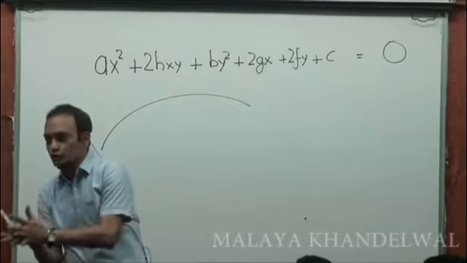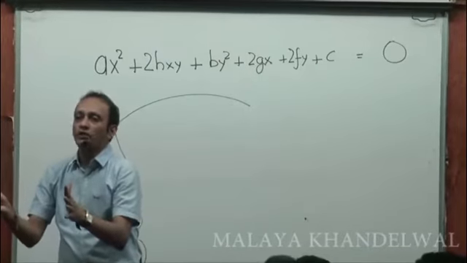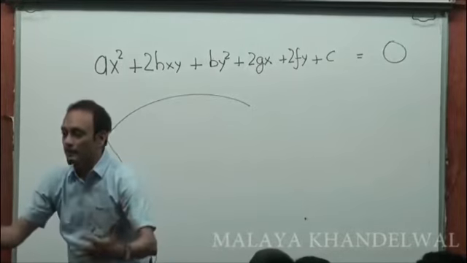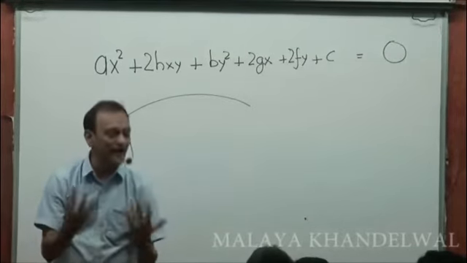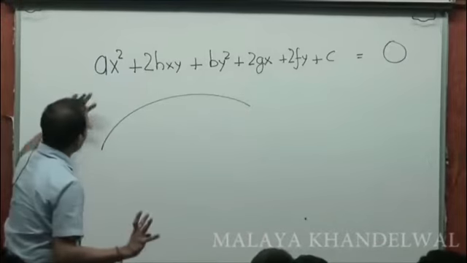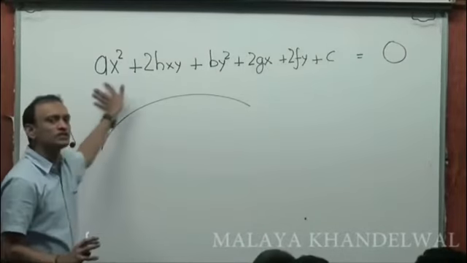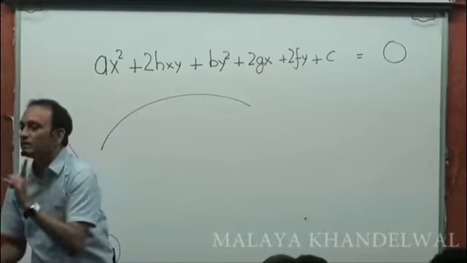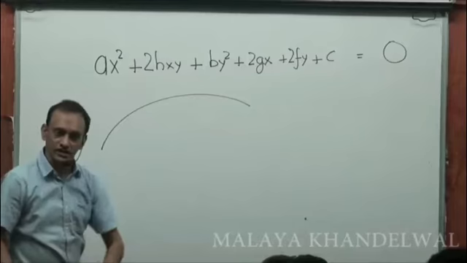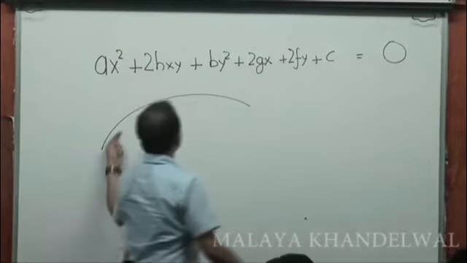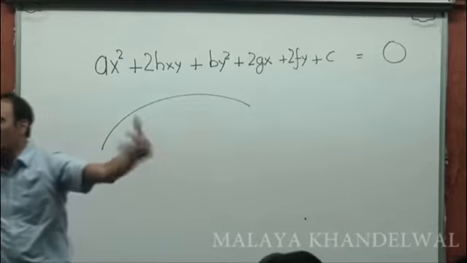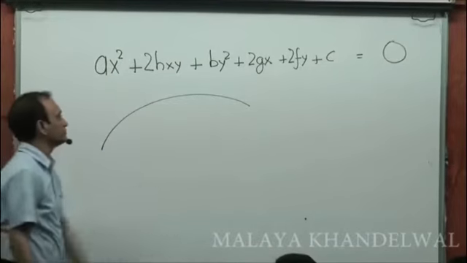You're not ready to consume those things, so I will not get into an explicit explanation of when a parabola, when an ellipse, when a hyperbola. Forget all of it. All that you need to know is that this same thing could represent all of them based on choices of the coefficients A, B, C, H, F, G, etc. So this is, let's say, part of a second degree curve, whatever it be: parabola, ellipse, circle, hyperbola, whatever.